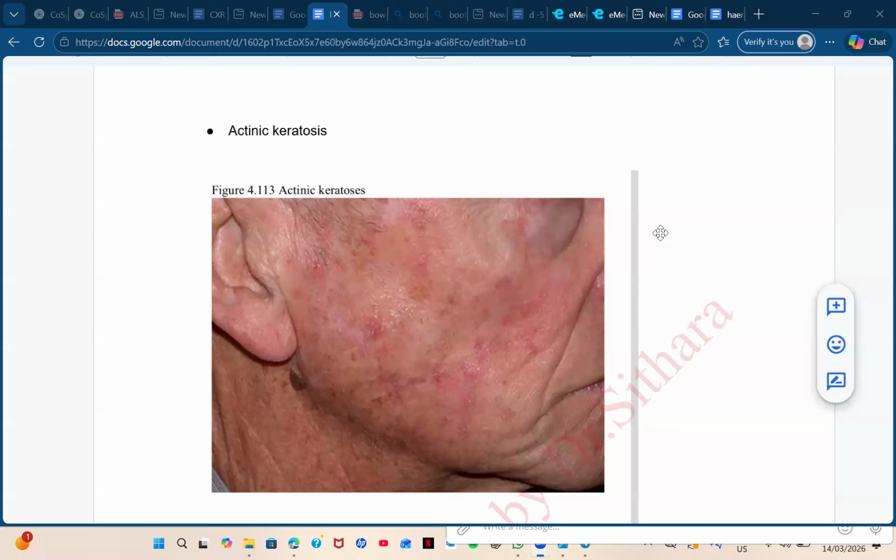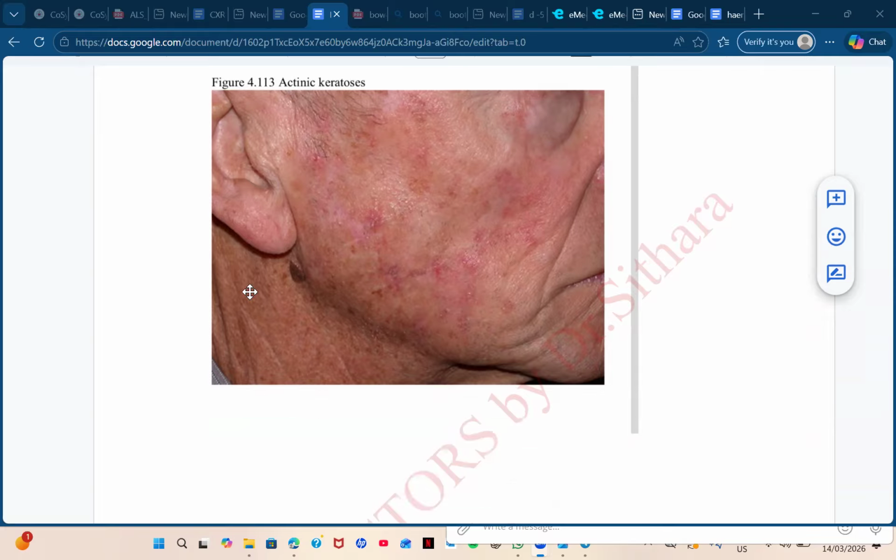These are hypertrophic or atrophic pigmented lesions, right, doctors? Usually these are asymptomatic. We can see them in sun exposed areas, right? Back of the hand, forearm, face, scalp, usually scalp in bald people. These lesions are 2 to 20 millimeters in diameter, and usually seen as multiple clusters. Here also you can see multiple lesions.